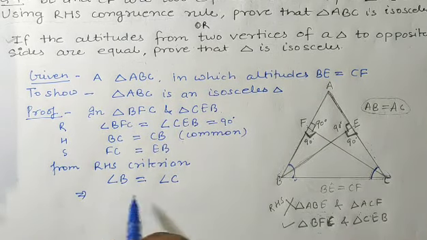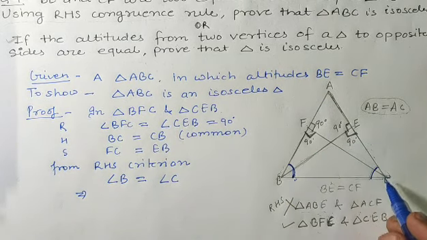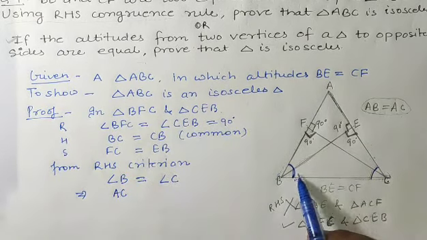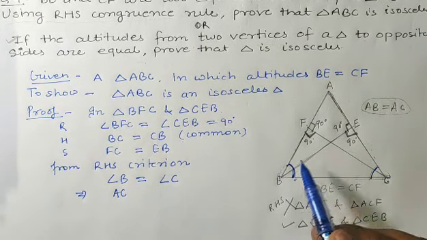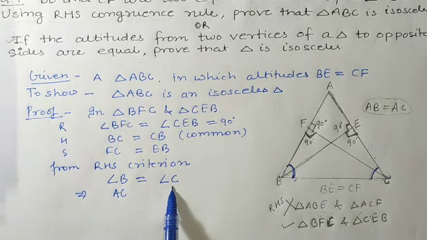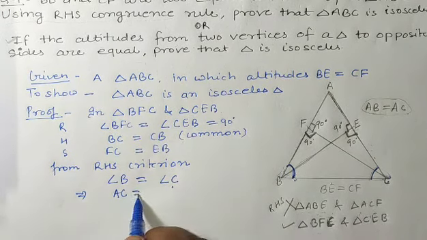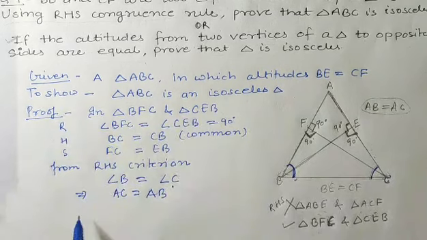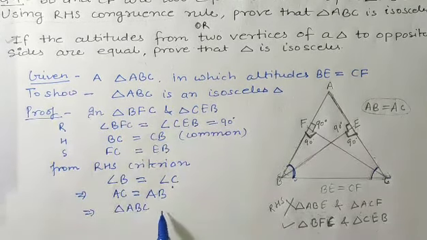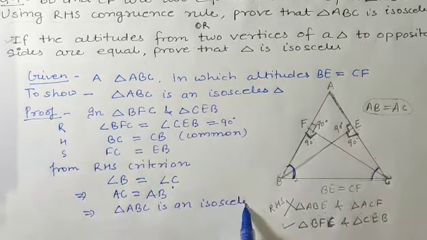The side opposite to angle B is which side? The side AC. Looking at triangle ABC, if angle B is equal to angle C, then AC is equal to AB, and if AC is equal to AB, then triangle ABC is an isosceles triangle.